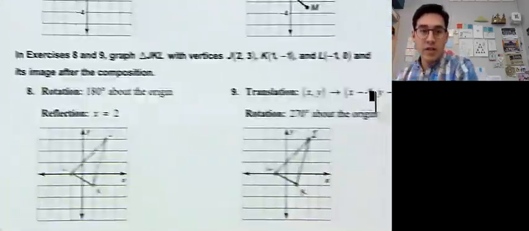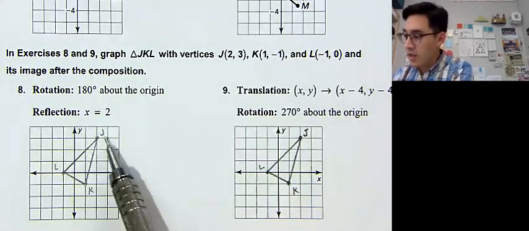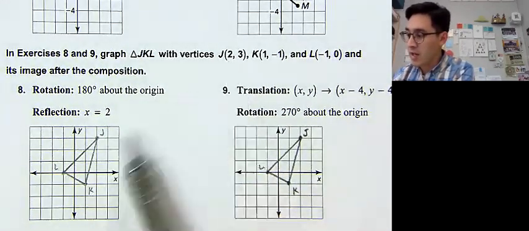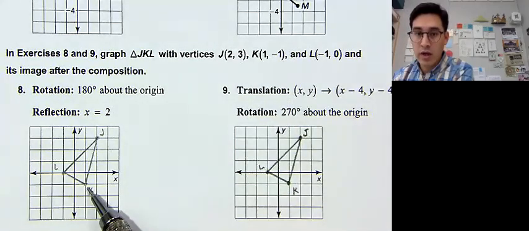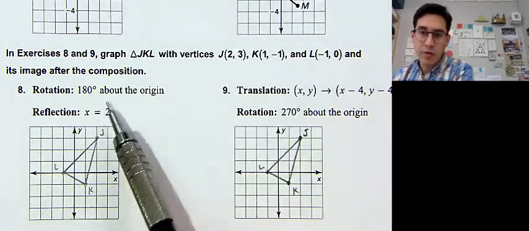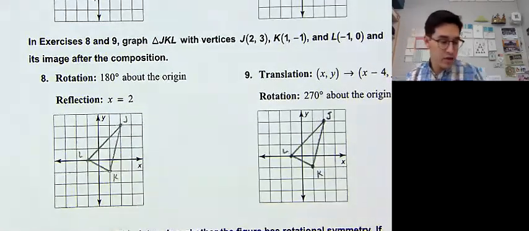Okay, let's see. Questions 8 and 9 says graph triangle JKL. I've already done that ahead of time. So J is at 2, 3, K is at 1, -1, and L is at -1, 0. And then we're going to perform multiple things, a rotation and a reflection here.